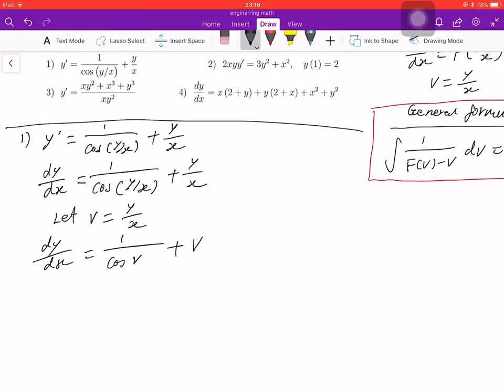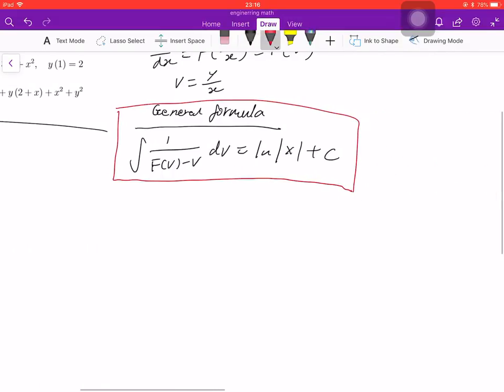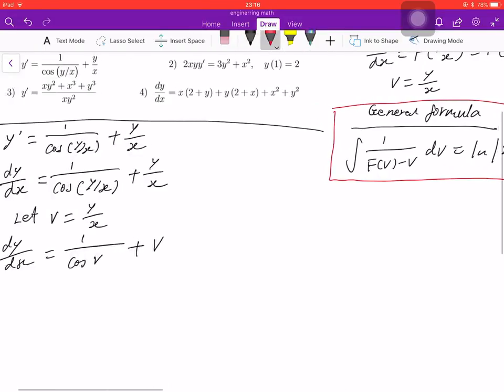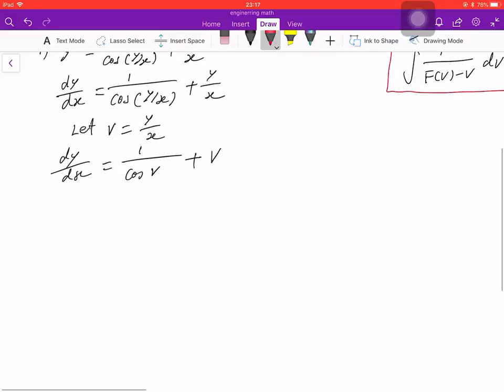Okay, now the right hand side can be expressed as a function of v, then we can directly apply this formula. So we do the integration of 1 divided by f of v minus v dv, right?